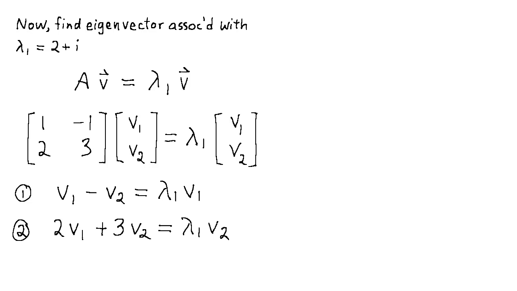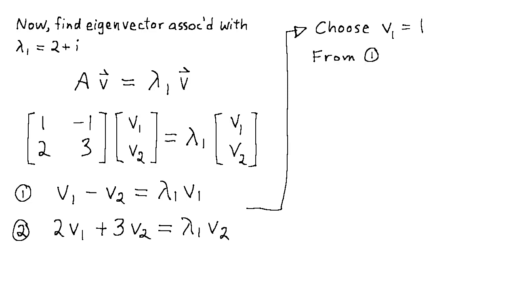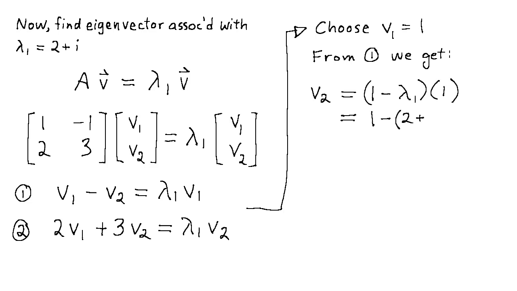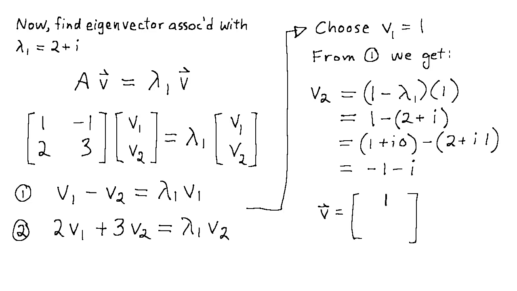We have some ability to choose. In this case, we'll choose to set v1 equal to 1. Using the first of the pair of equations on the left, we see that v1 equal 1 implies that v2 is equal to -1 minus i. It follows that the vector whose first entry is 1 and whose second entry is -1 minus i is an eigenvector associated with lambda 1.